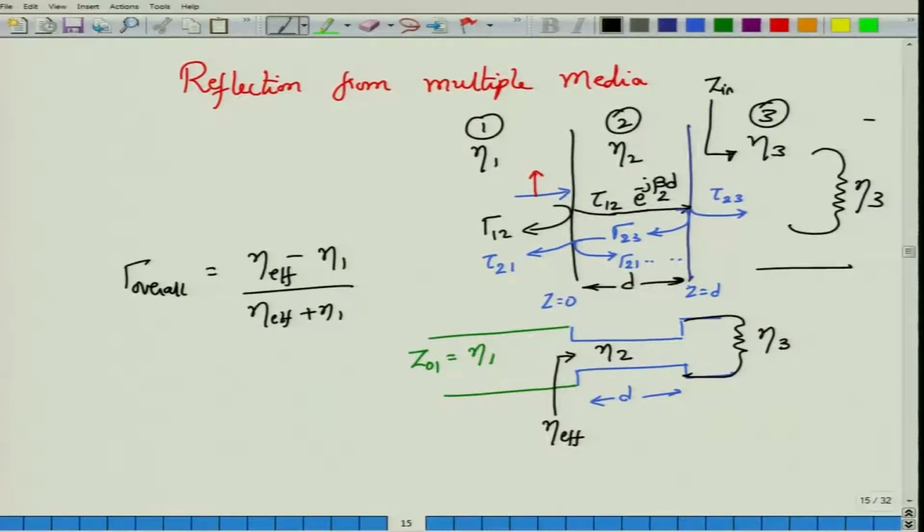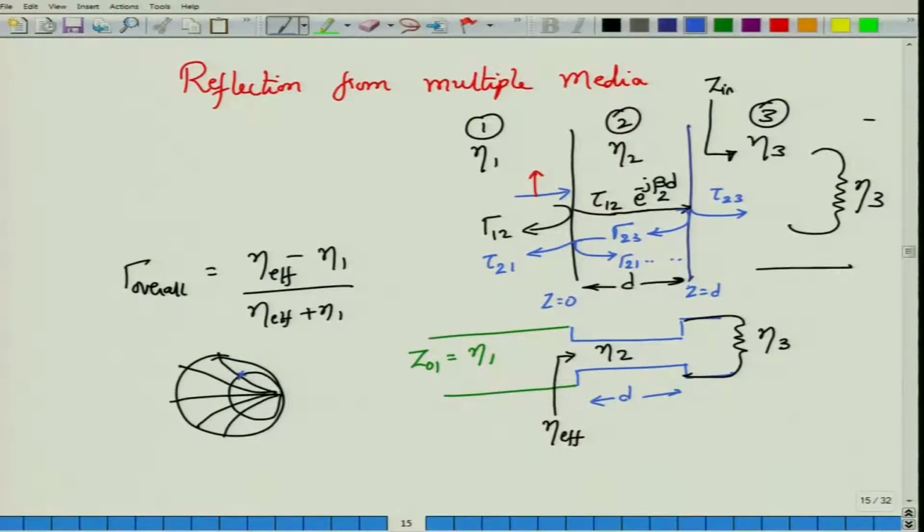Isn't it very simple? In case it turns out that your eta 3 is not real, if it is complex, there is no problem, the procedure remains the same. And if you are not going to use any equation to convert eta 3 to eta effective, you can always use the Smith chart to convert this particular impedance from eta 3 to whatever that value is. So, you first normalize eta 3 to the transmission line characteristic impedance of eta 2, maybe that is located at this point.